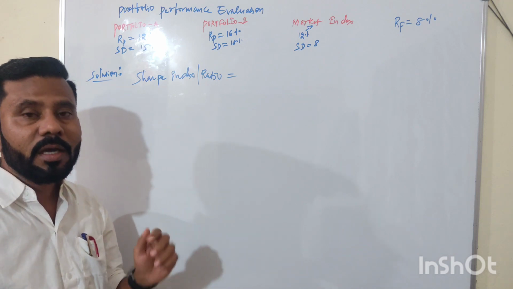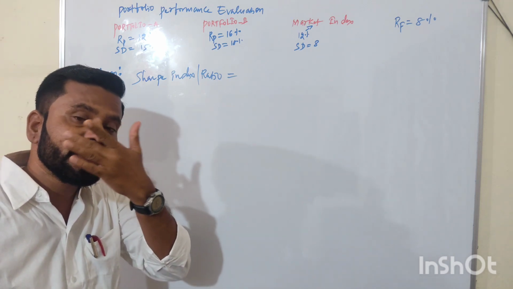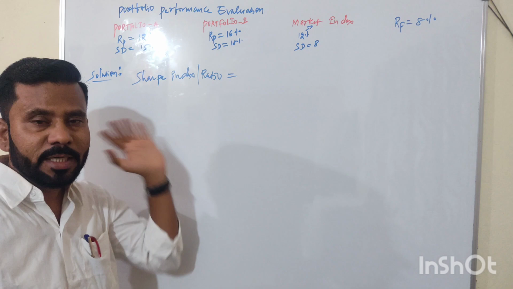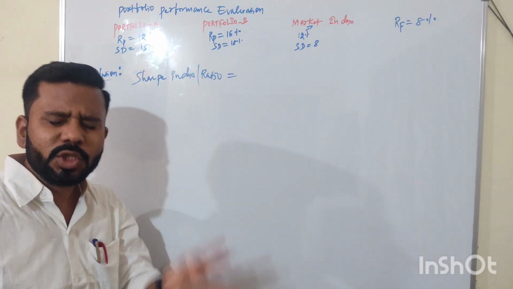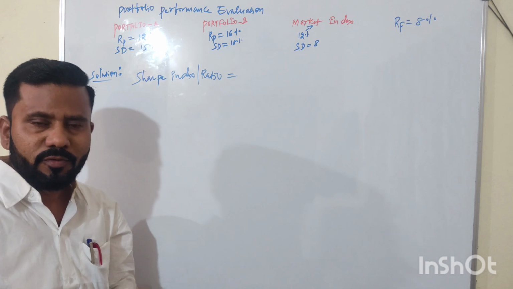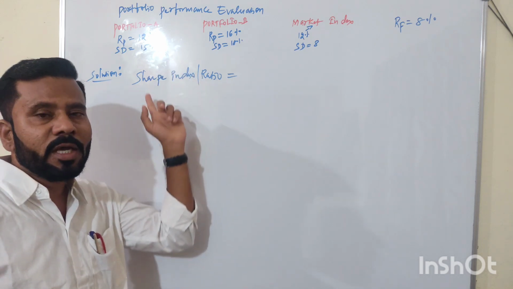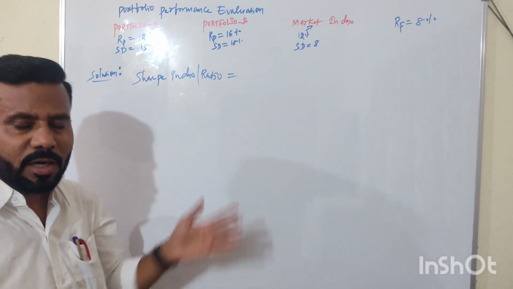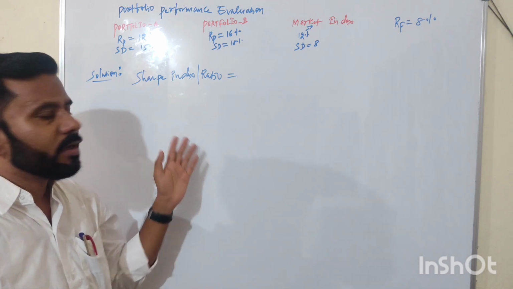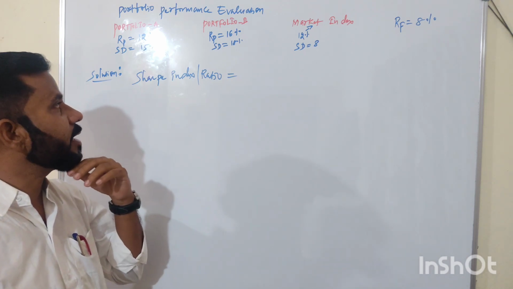As per the rule, which portfolio's ratio is higher? For example, in this problem we are calculating Sharpe ratio. Suppose after calculation we come to know, but hypothetically let's take one example.